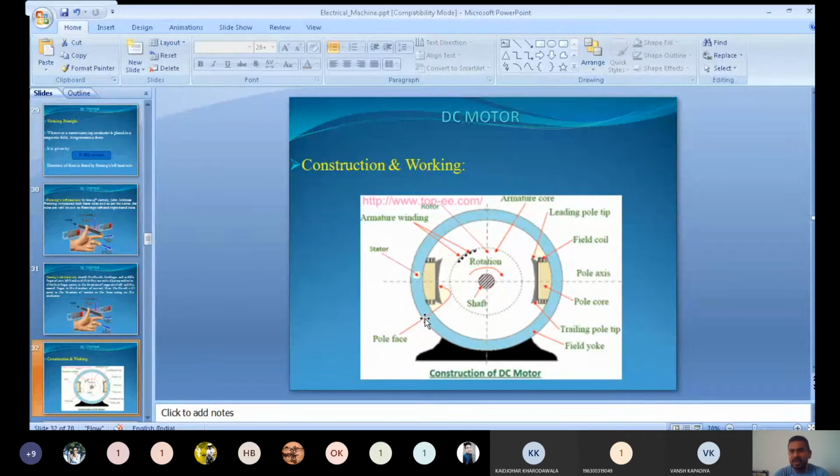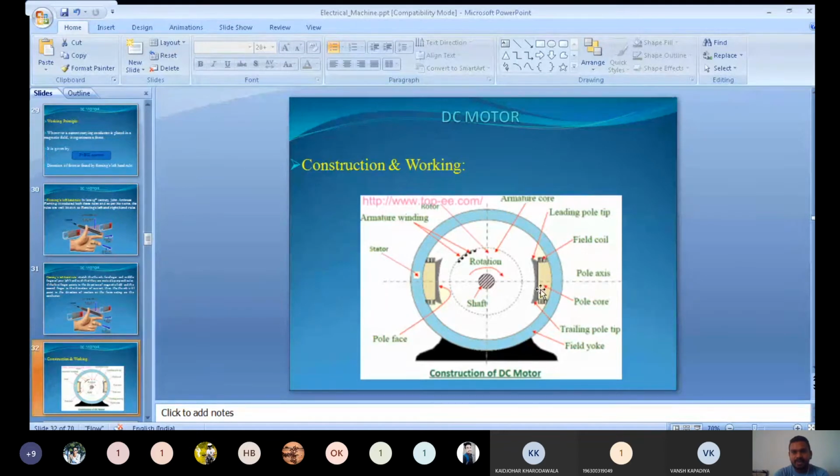It also provides the magnetic path. Now this portion is the pole. It is the magnetic pole, made of silicon steel, or we can say magnetic material. This is the pole core. On this magnetic pole, the winding is wound.